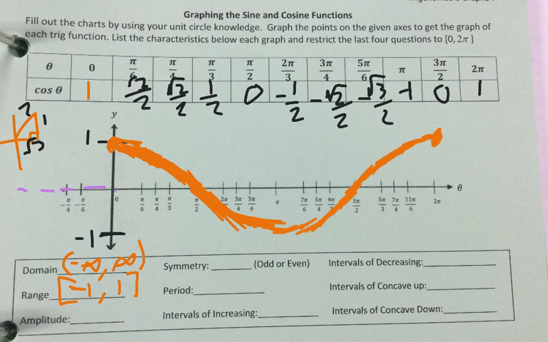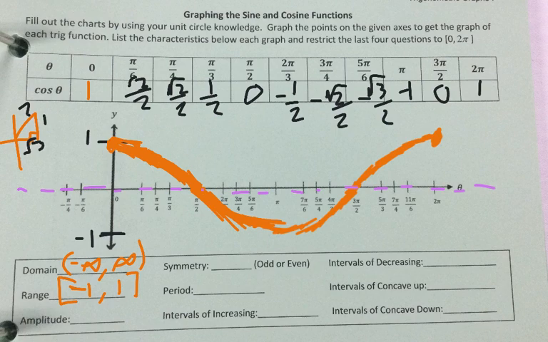So if you think about the x-axis as being the midline, because from here, the y values go up 1 and they go down 1. And this is the value that's right in the middle of those, the midline.